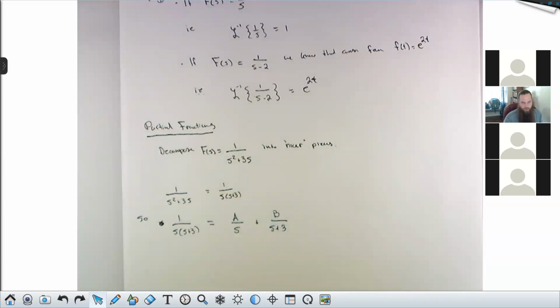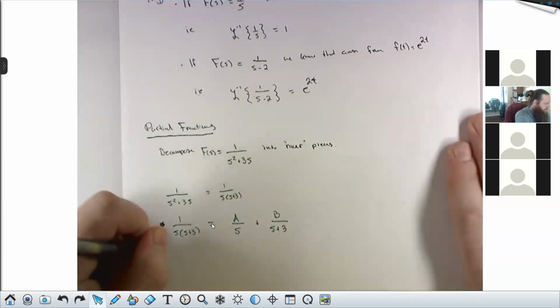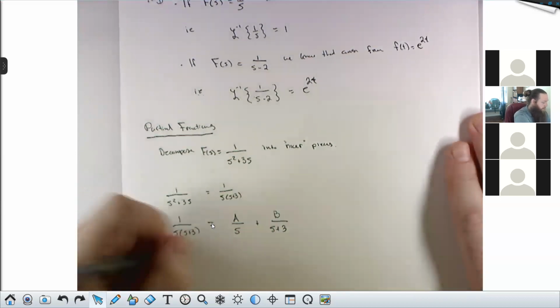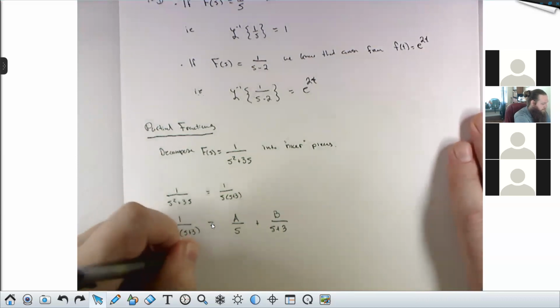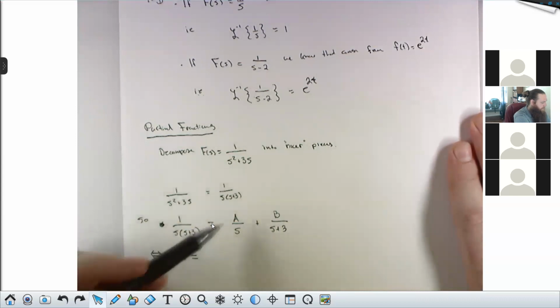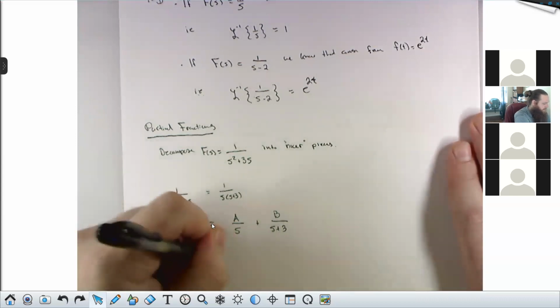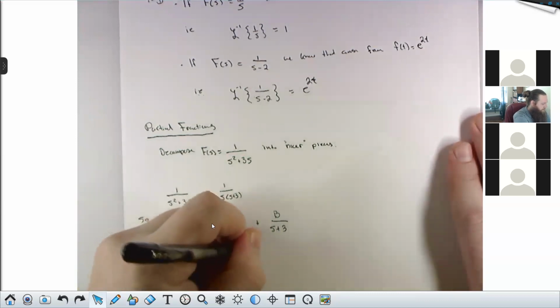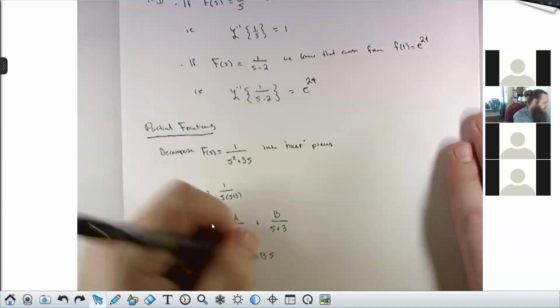Each one I know how to take the inverse Laplace transform of. Bunch of ways to do it. I think the way that is most digestible without being very slow is to cross multiply by that denominator. So I multiply both sides by s times s plus 3. On the right hand side, I'll have a times s plus 3 plus b times s.